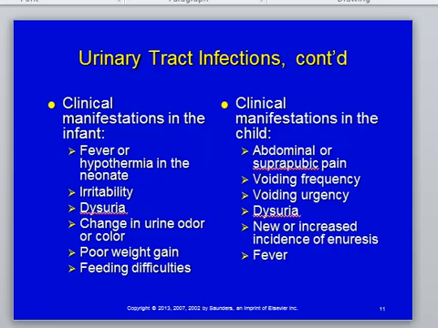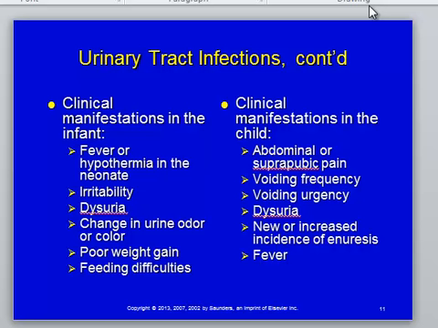This slide just goes over the different signs and symptoms in the infant versus the child. So we'll first start with the infant. Fever, they may have hypothermia in the neonate. Irritability, difficulty urinating, change in urine odor or color, poor weight gain, feeding difficulties.